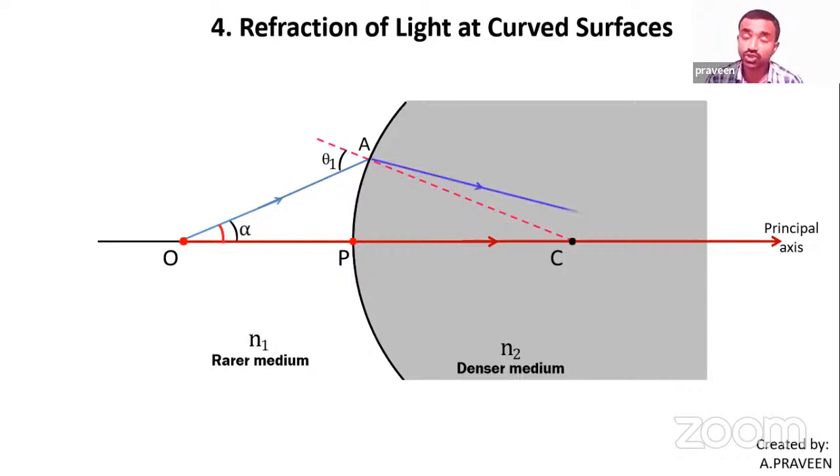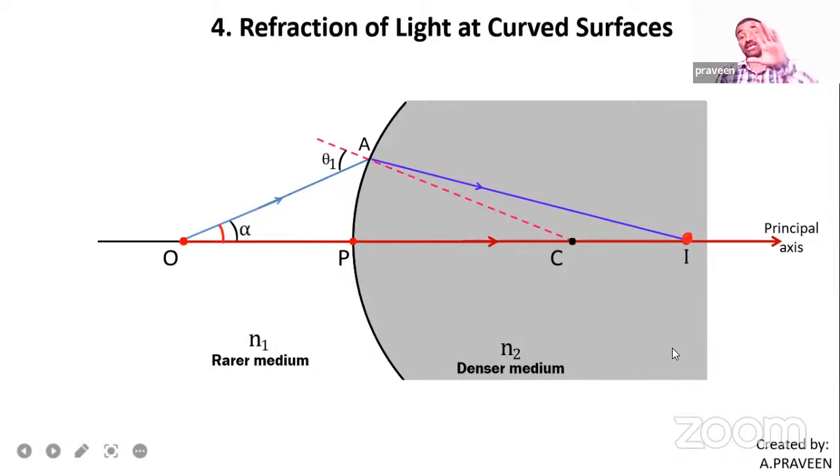Extend it to meet the other light ray which is propagated along the principal axis. So they are coinciding with each other. At this spot they can meet each other. That point we will consider as the image point. So the image will be obtained at a point called I here. So I is the image point.